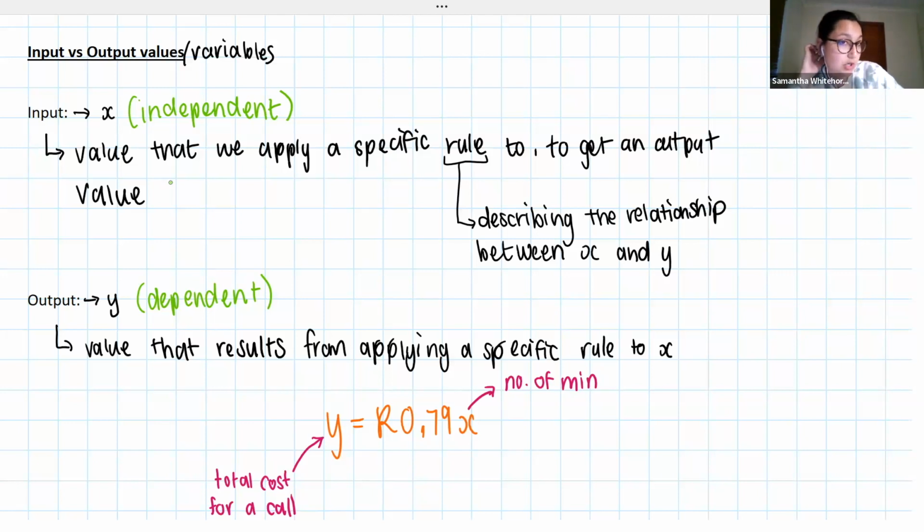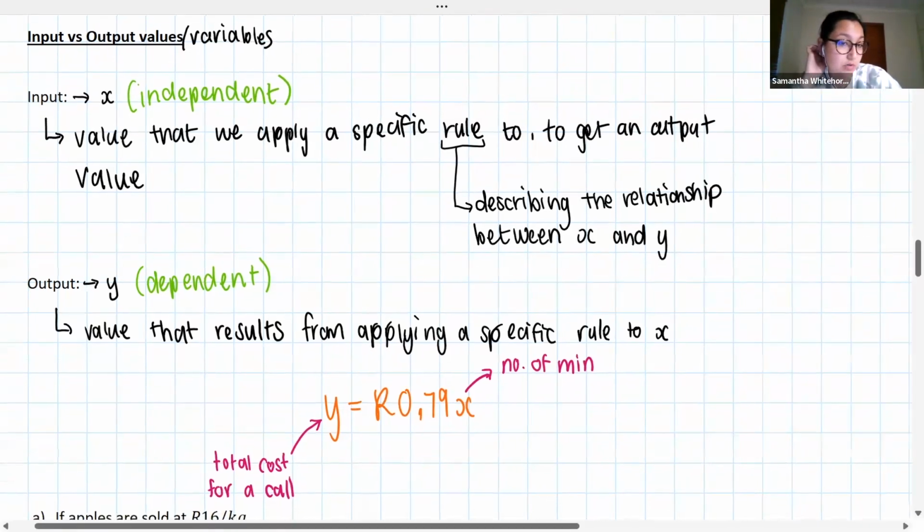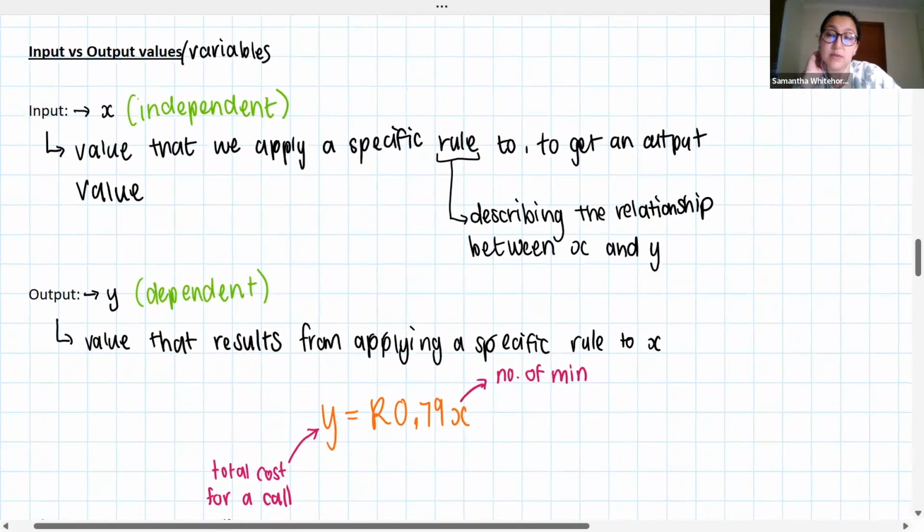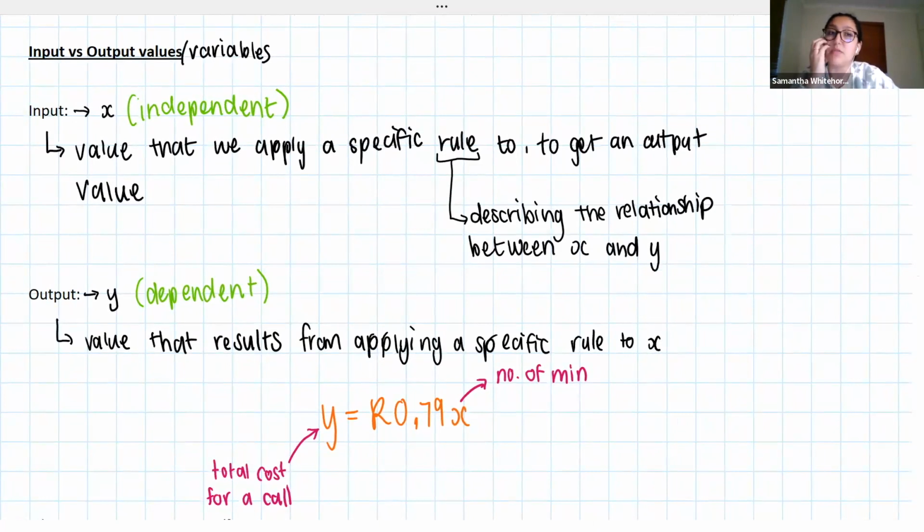Right, so take your screenshots of this. If anyone has any questions about those two definitions, please ask me now. Otherwise, I'm going to give you a little stretch break. We're not going to take a full-on brain break, but a little stretch break. Then we're going to have a look at some examples of how we can now take these x and y values and start to look at relationships that exist.